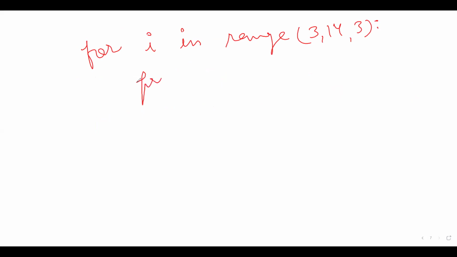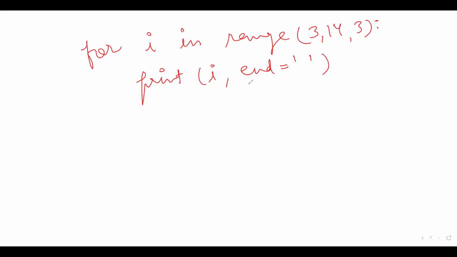Suppose I have for i in range 3, 14, 3, print i, end. Here, this for loop will print values of i from 3 to 14, which means 3 to 13. And the step value is 3.